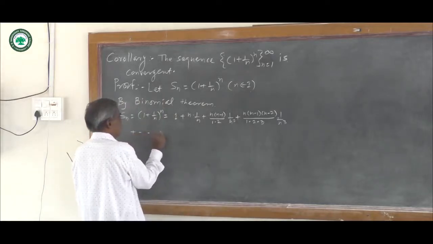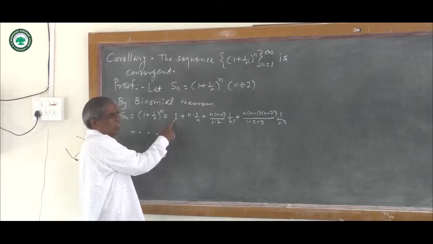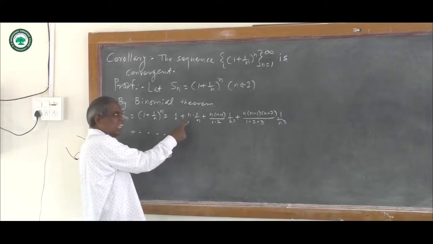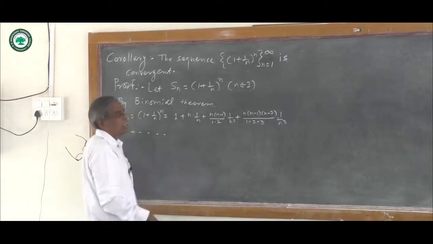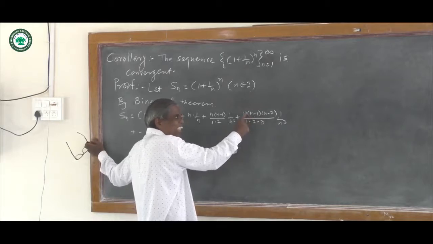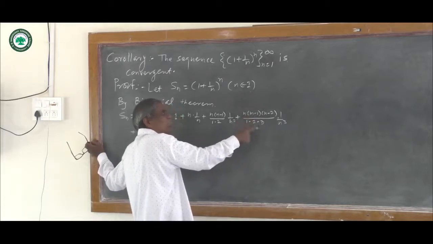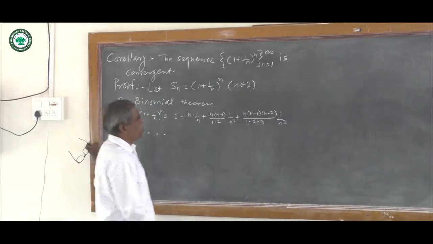NC0 is 1, NC1 is n, NC2 is n into n minus 1 upon 2 factorial, NC3 is n into n minus 1, n minus 2 upon 1 into 2 into 3, into 1 upon n raised to 3.